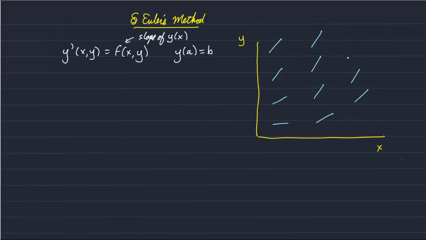And I'm showing the slope increasing as you increase in both y and x, for example. So this again is the slope f as a function of x and y.